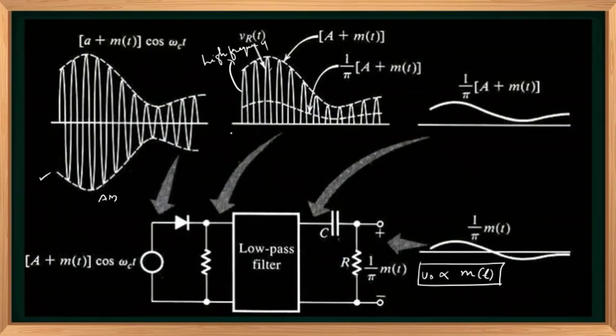When we use a low pass filter, it will suppress the high frequency components. So the output corresponding to high frequency components will be 0 at the output of the low pass filter. So the carrier pulses are suppressed. We'll only get the slow variation of the amplitude of the carrier pulses.